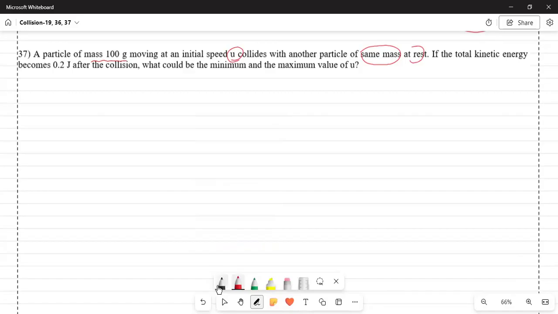So the initial condition is very well defined, and 100 gram is equal to 0.1 kg. Let us make this conversion at the very beginning.